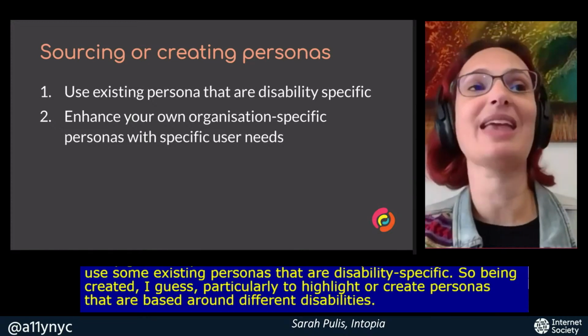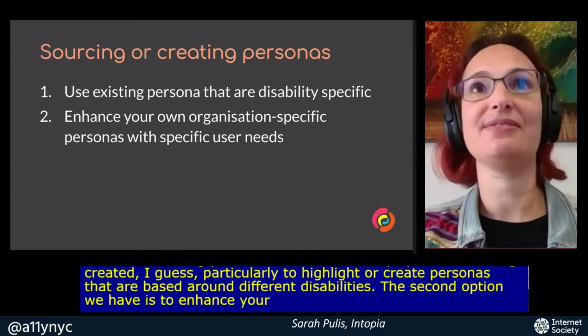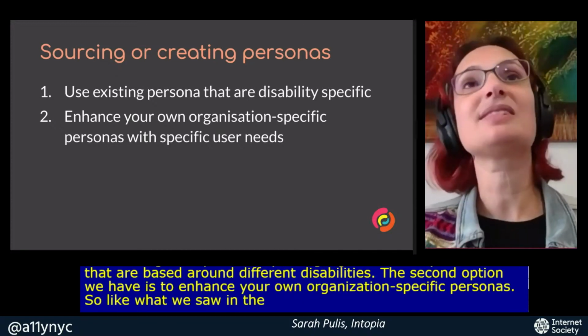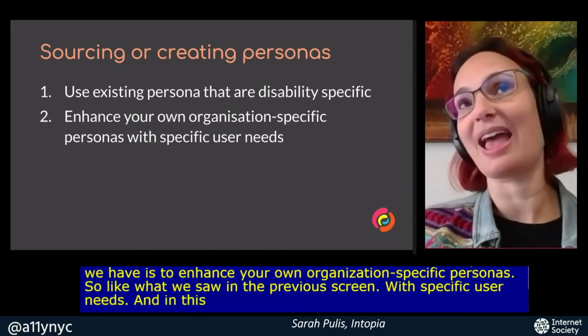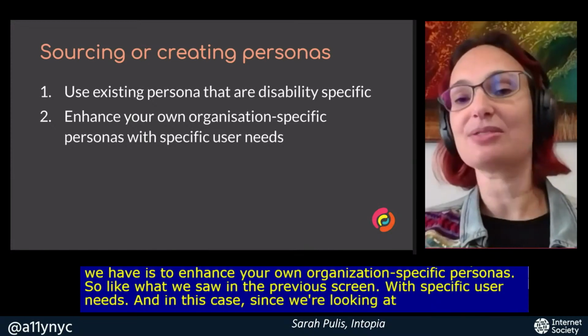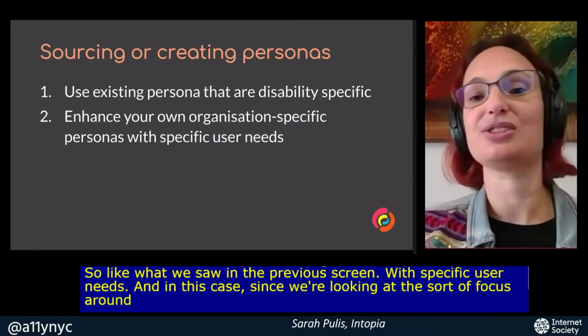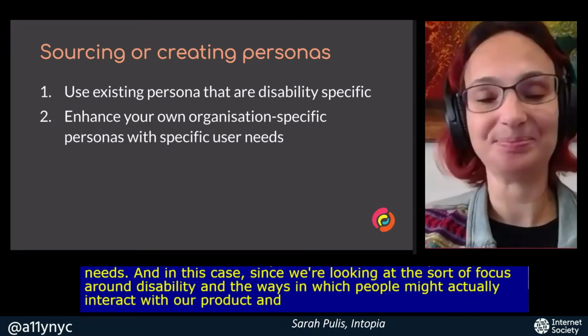The second option is to enhance your own organization-specific personas, like what we saw on the previous screen, with specific user needs. And in this case, since we're focusing on disability and the ways that people might interact with our product and service, those user needs might be specific to that.